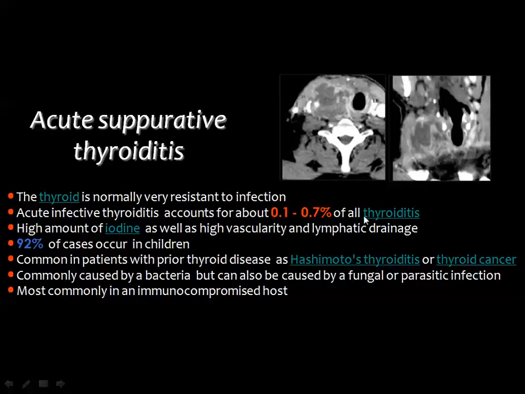Acute infection is in this range, and the high amount of iodine as well as the high vascularity and the lymphatic drainage are barriers against the infection of the thyroid gland. And many times infection of the thyroid gland may occur on top of a pre-existing disease like Hashimoto thyroiditis or even thyroid cancer.